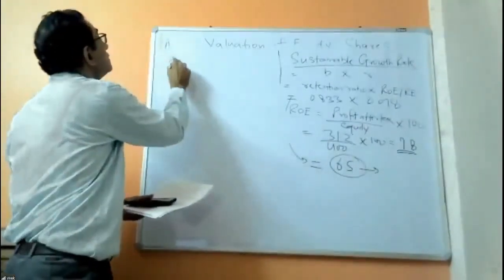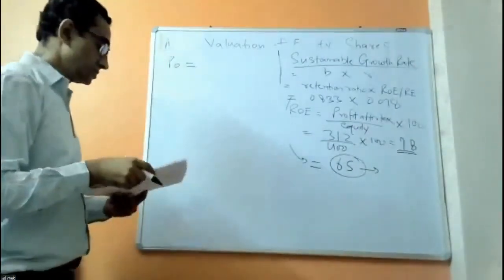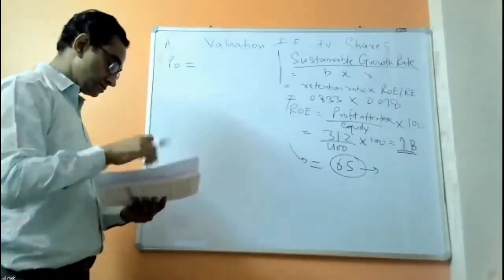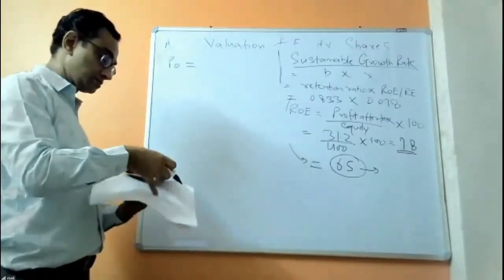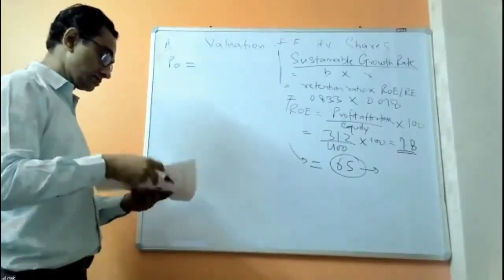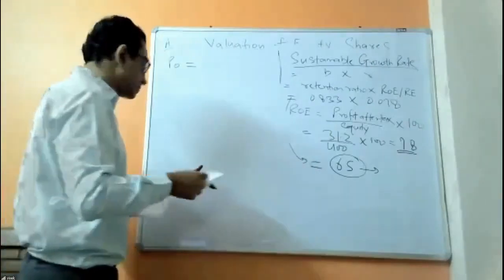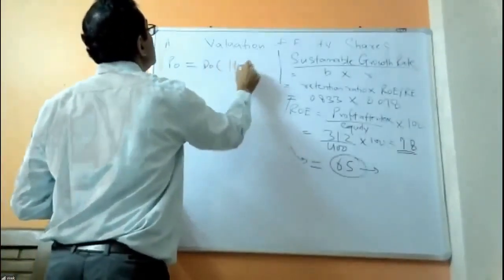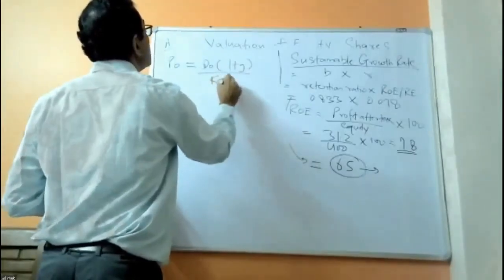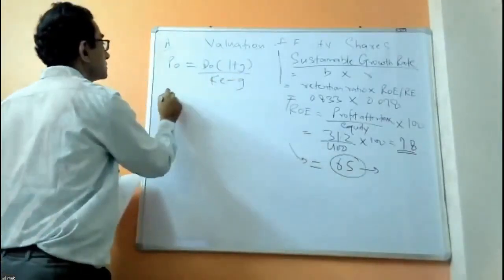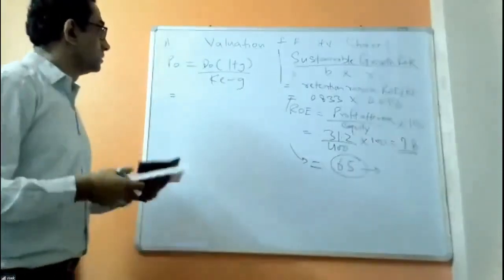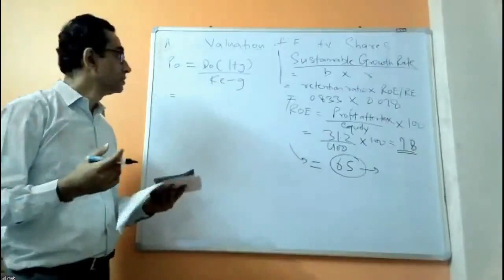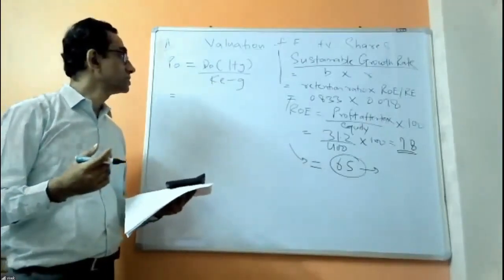So present value, that is P0, we will use the formula D0 into 1 plus G divided by K minus G. D0 is the dividend per share.